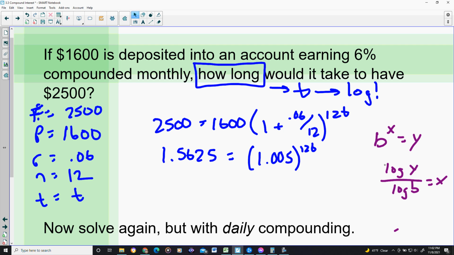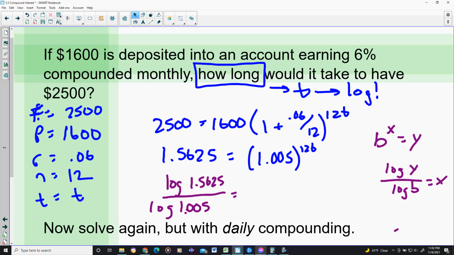So in other words, the log of the constant term, the non-exponential term, divided by the log of the base of the exponent equals the exponent. So what you're going to do here is log 1.5625 divided by log 1.005.